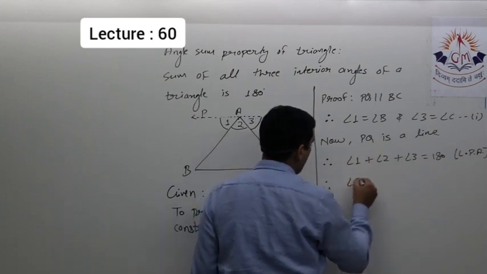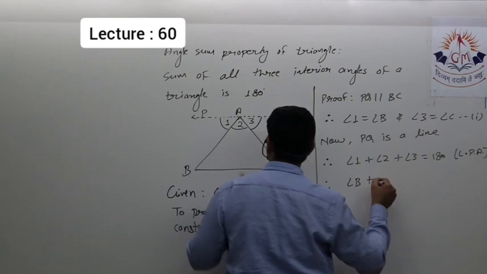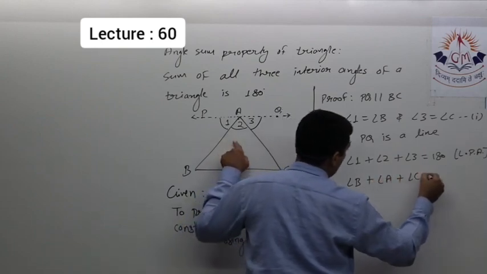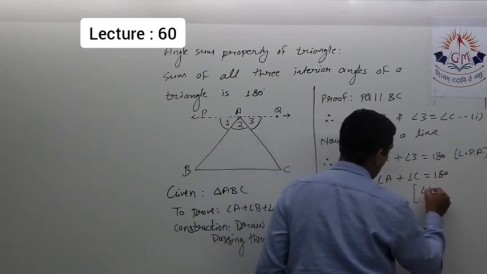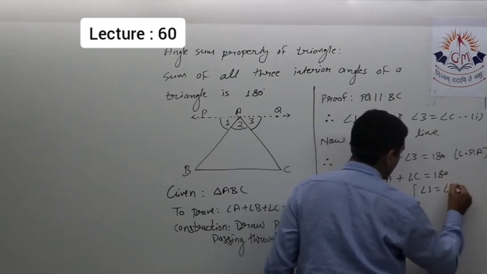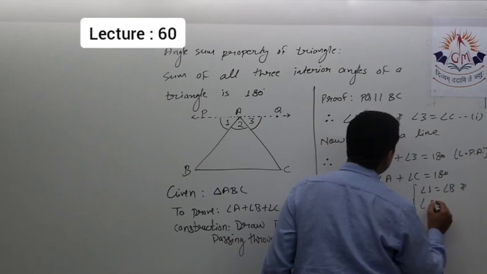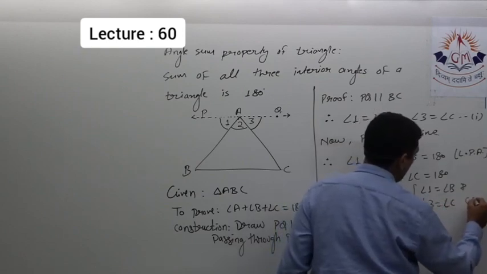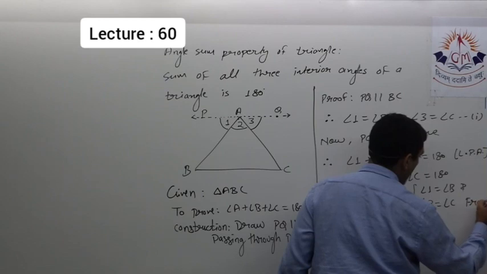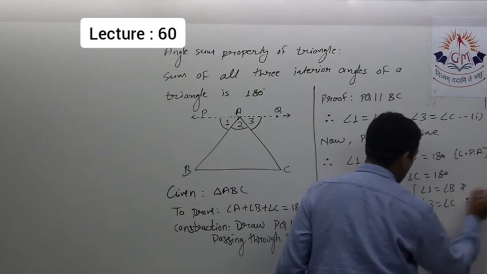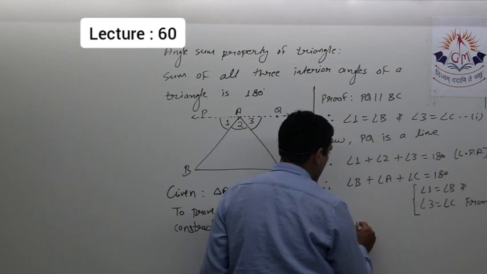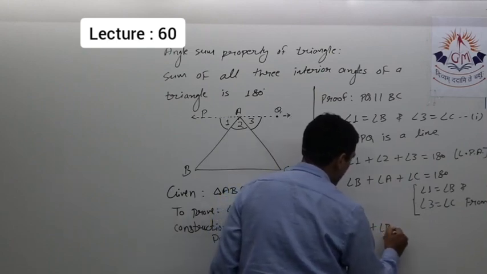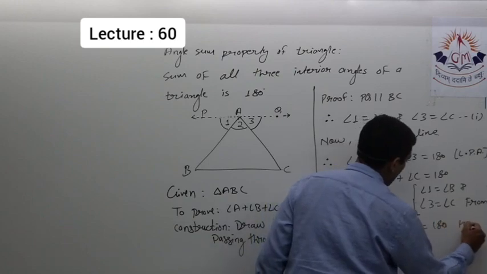Now angle 1 can be written as angle B, angle 2 is actually angle A and angle 3 is angle C, and that we know from the first equation. So if I write in the correct order, angle A plus angle B plus angle C is equal to 180 degree, hence proved.